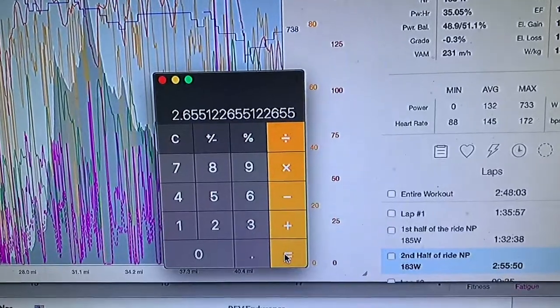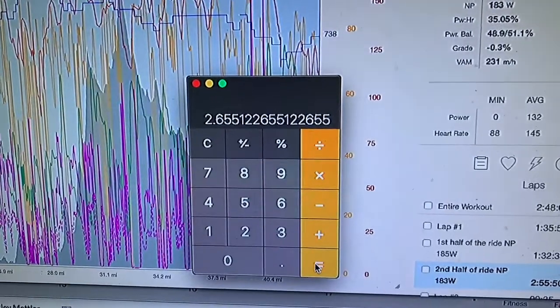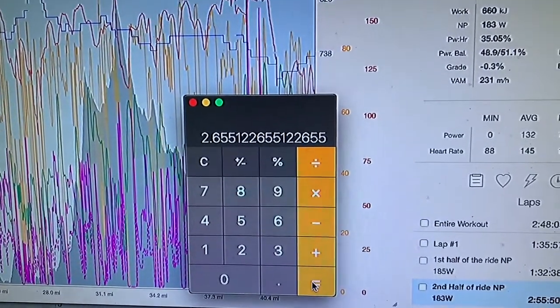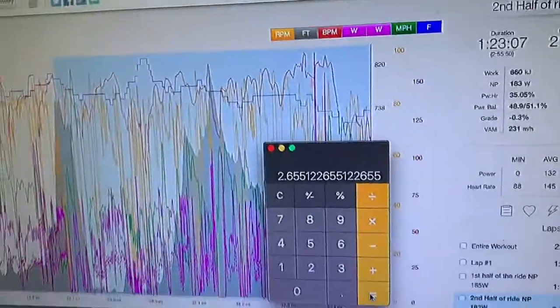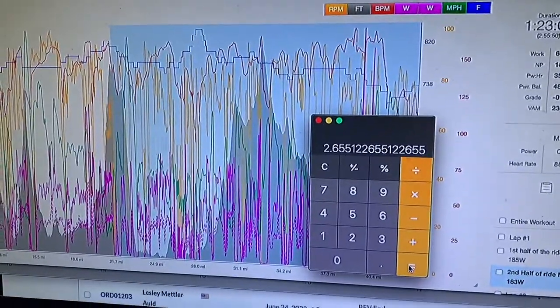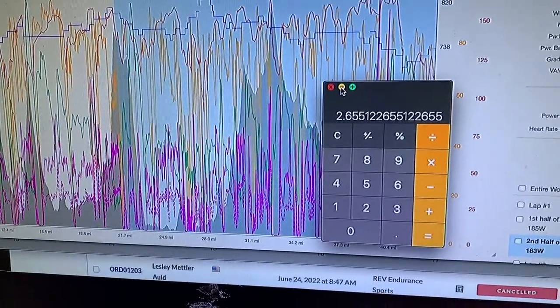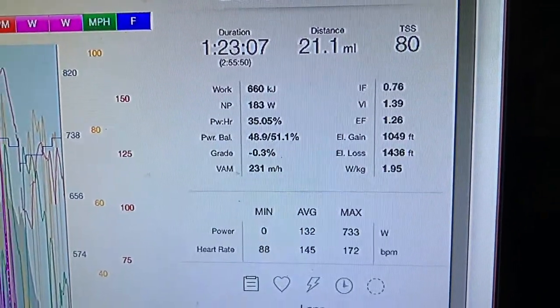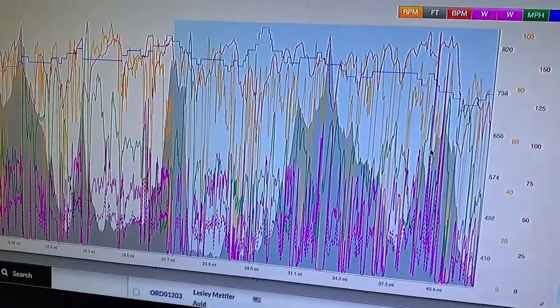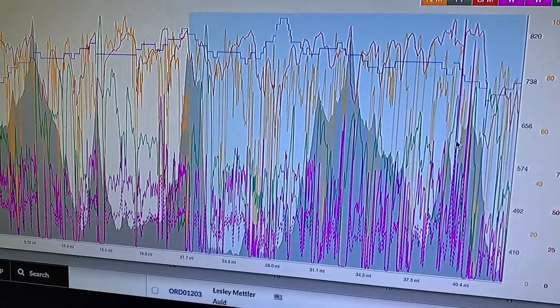This number is important because I will show you later on other videos what you can do with the watts per kilogram number and how it is important when comparing folks. Let's say, for example, this gentleman from Ohio sends me data files, and I don't know the climbs he's doing. I don't know any of that stuff, but I see 180 something, and then I make the watts per kilogram calculation. I could say, oh yeah, you rode for 3 hours at 2.6 watts per kilogram.